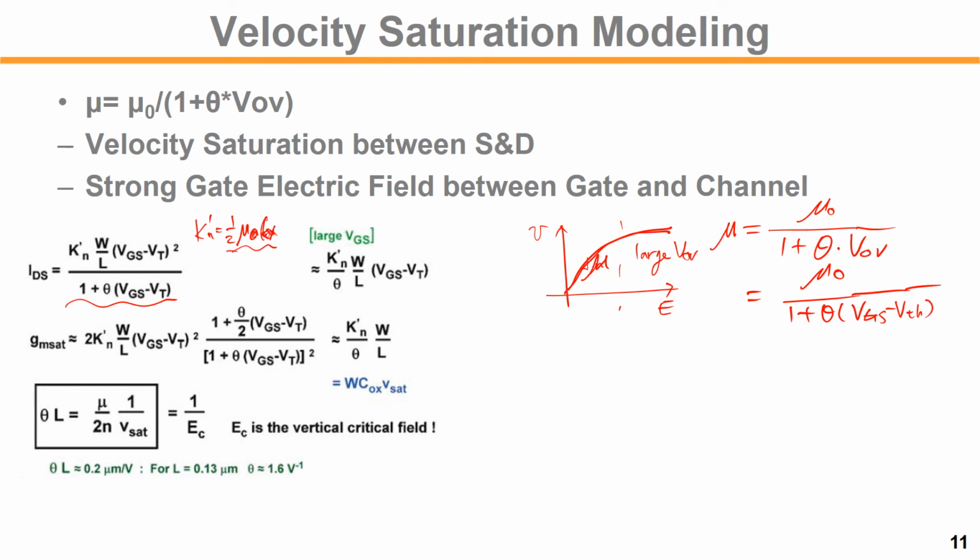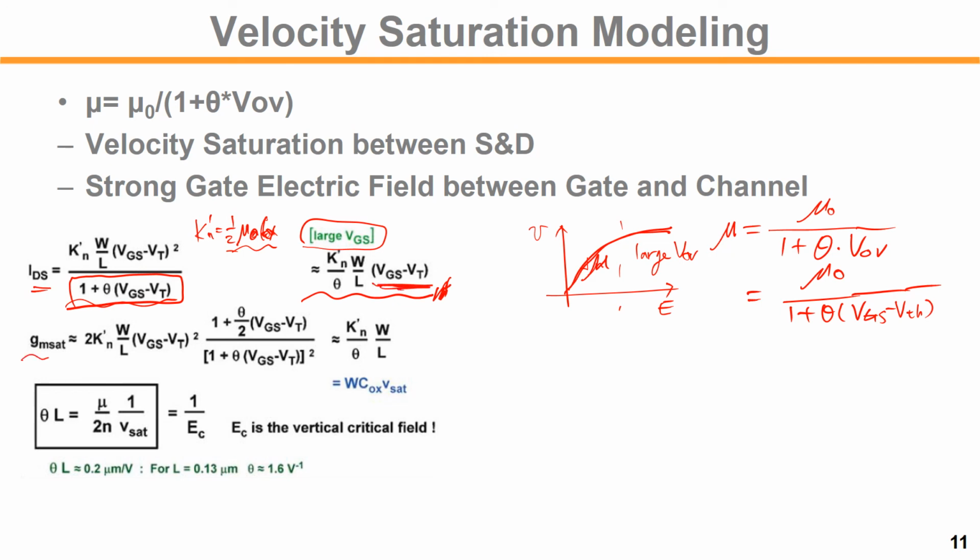So we take that mu into that, and we have an additional factor of 1 plus theta times the overdrive voltage. This can be approximated for large VGS like this, which is the same as the strong inversion velocity saturated current model. ID becomes proportional to VGS, right?